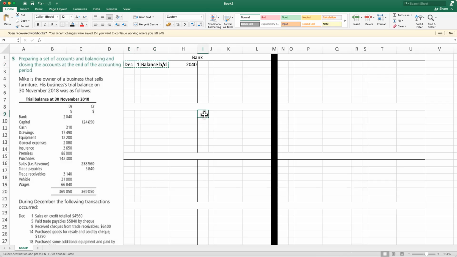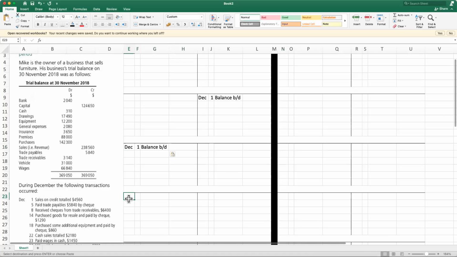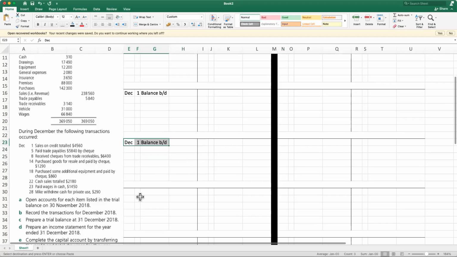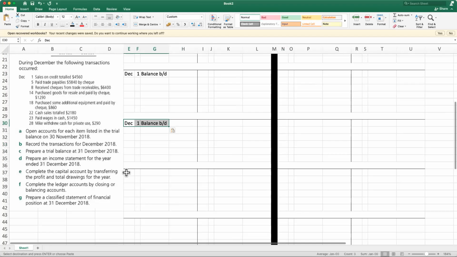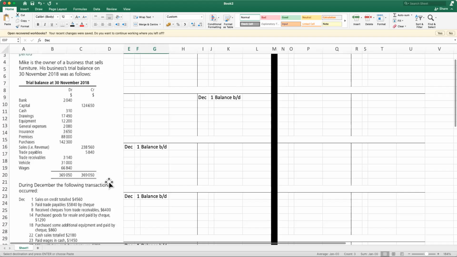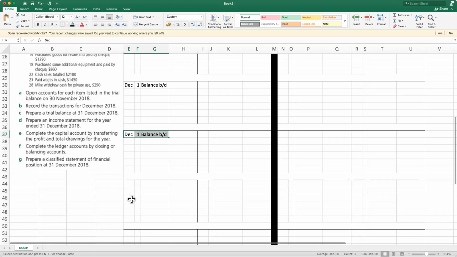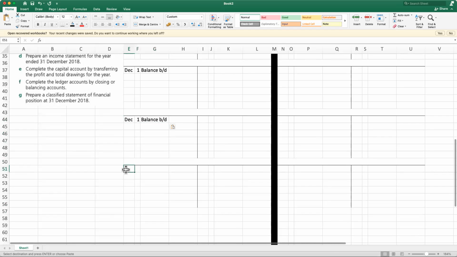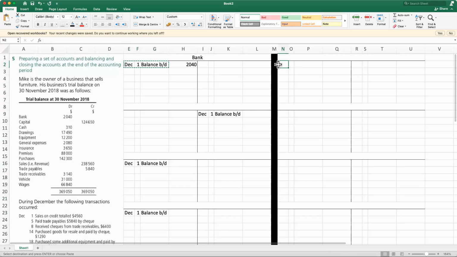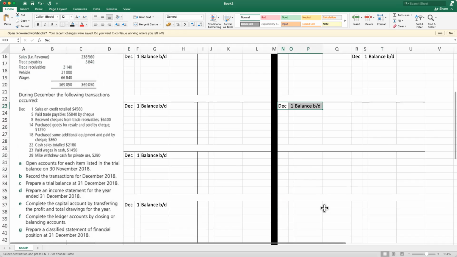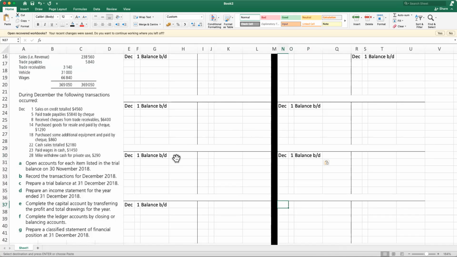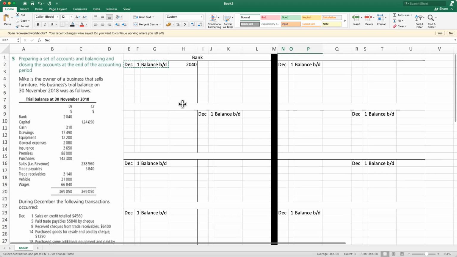So here, capital on the credit side, cash on the debit side, drawings on the debit side, equipment debit, general expenses debit, insurance, premises, purchases, sales, trade payable, trade receivable, vehicle, wages. So these are all the accounts that we have. So let's just name them first.